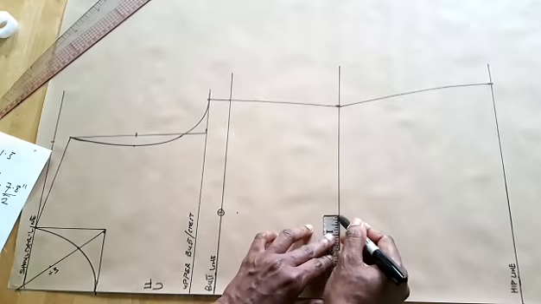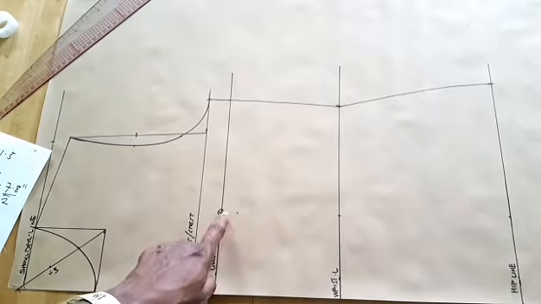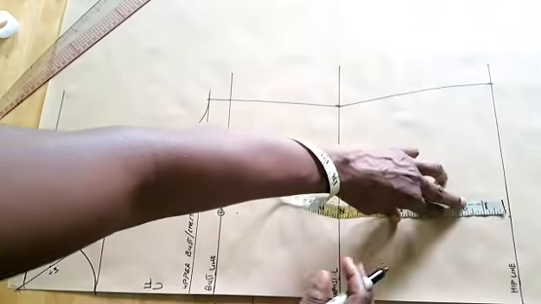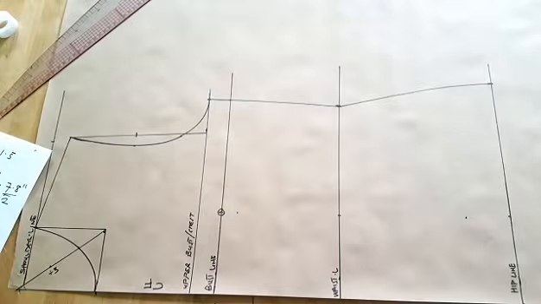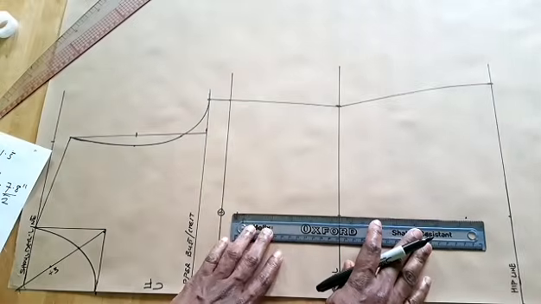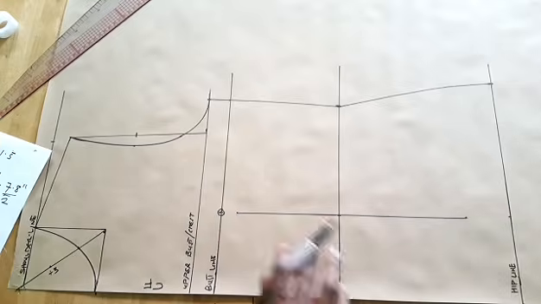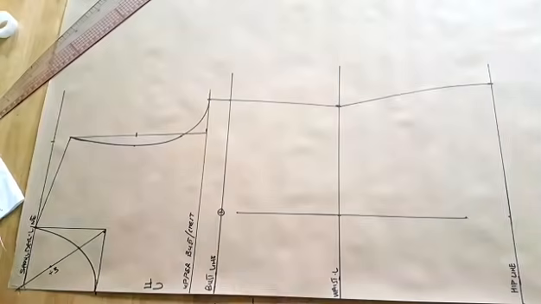And I'm just marking the 4 inches on the waistline and the hip line as well. And at the hip line, you go up by 2 inches to create the waist dart. So you just need to connect those points together. You draw a straight line to connect those points together. And at the waistline, you remember we added 1 inch dart allowance.